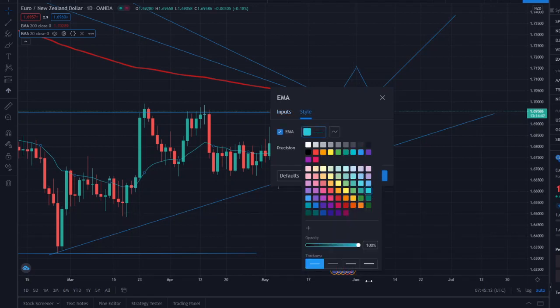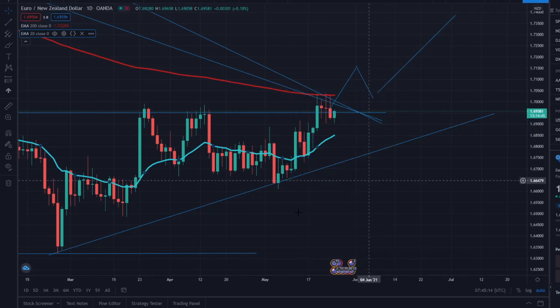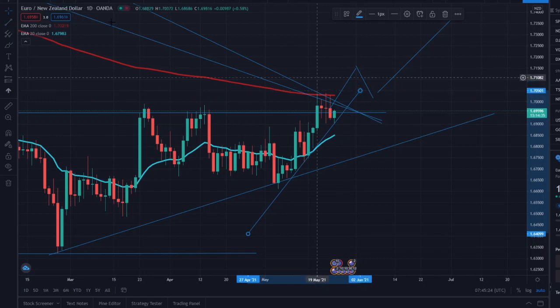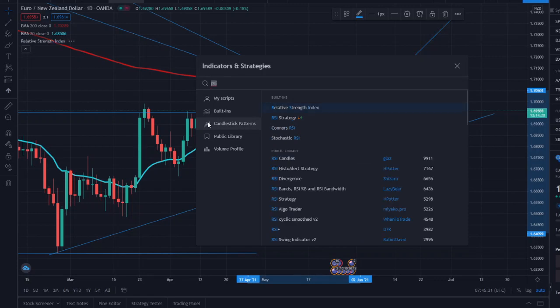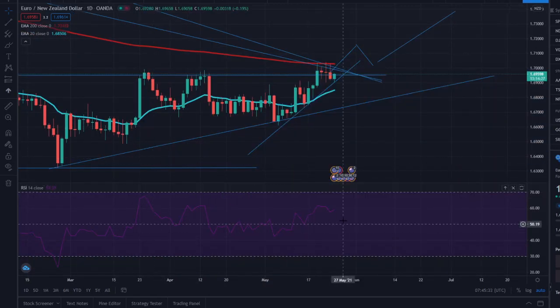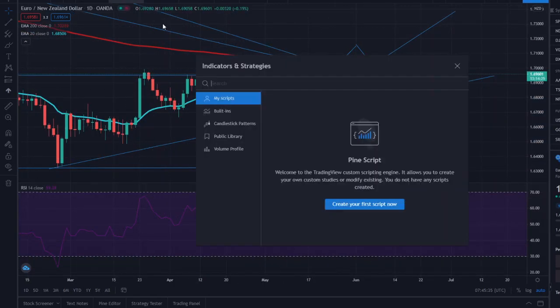So this could also mean that we could break out and maybe turn around completely. Now let's just add RSI for example. Well, not much to see here.